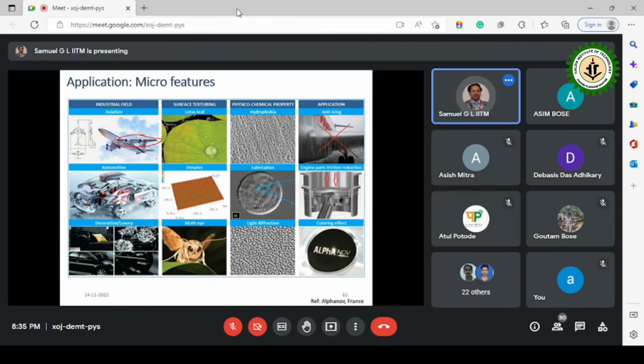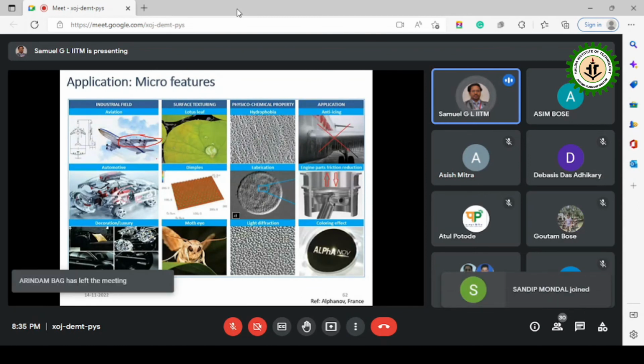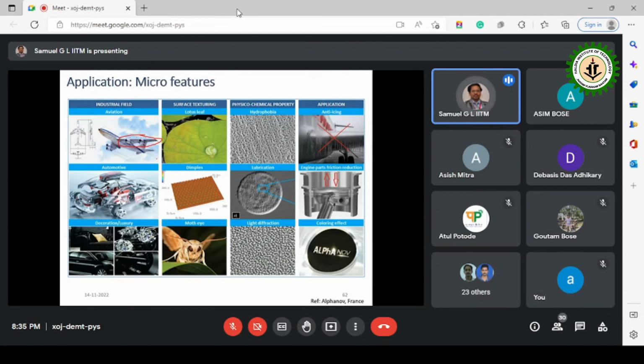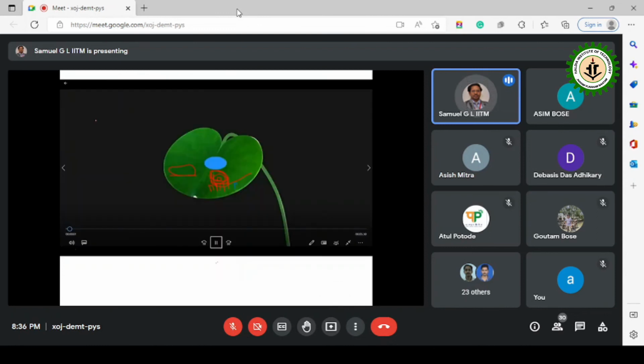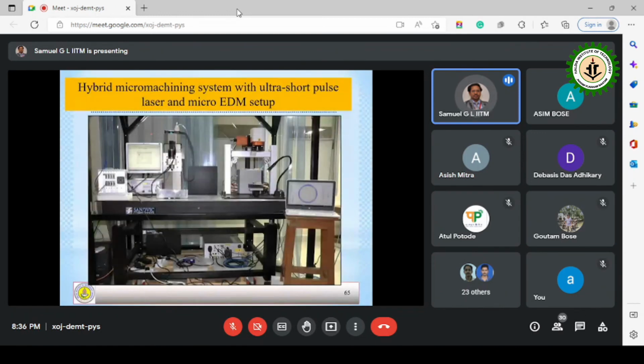What we can do is make the structure so that the ice, water, or snow which falls will not get stuck, but will slide away. So you can make the surfaces hydrophobic or super hydrophobic, so that the ice or snow will not get deposited and we can avoid accidents. Like this, there are several phenomena which will be happening.